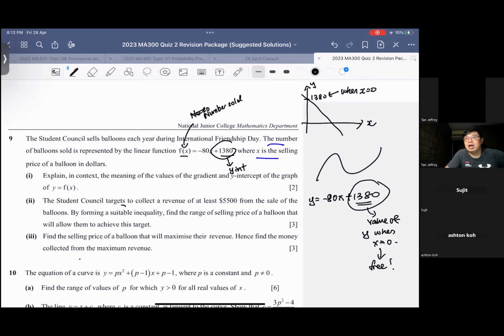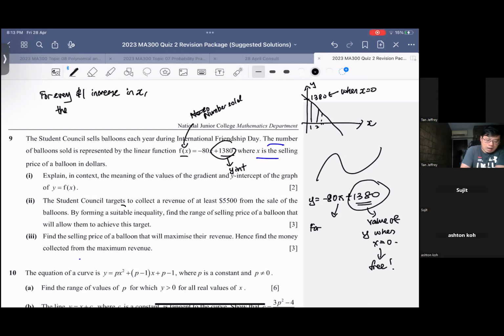What about the gradient? Okay, so gradient, you think of it this way. If I increase x equals 1, x equals 2, and so on, for every 1 unit increase, for every $1 increase in x, there are 80 fewer people who will buy the balloon.